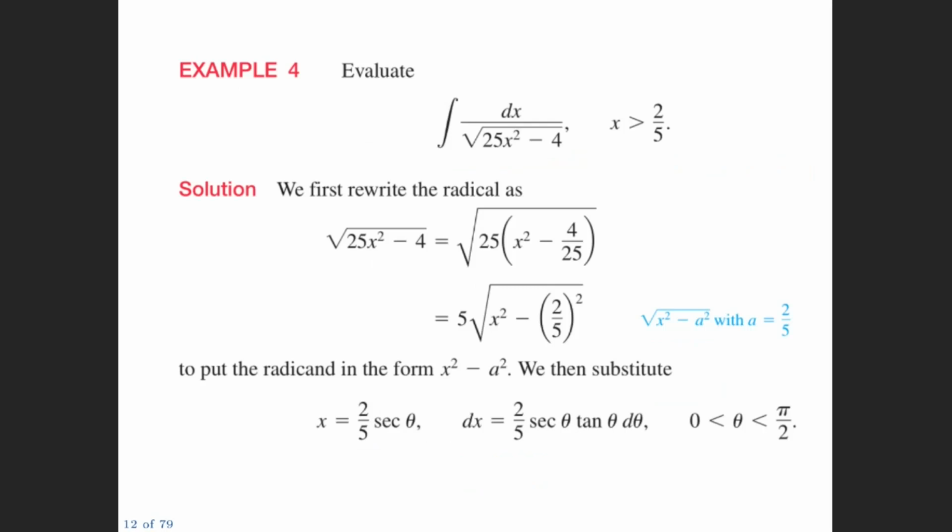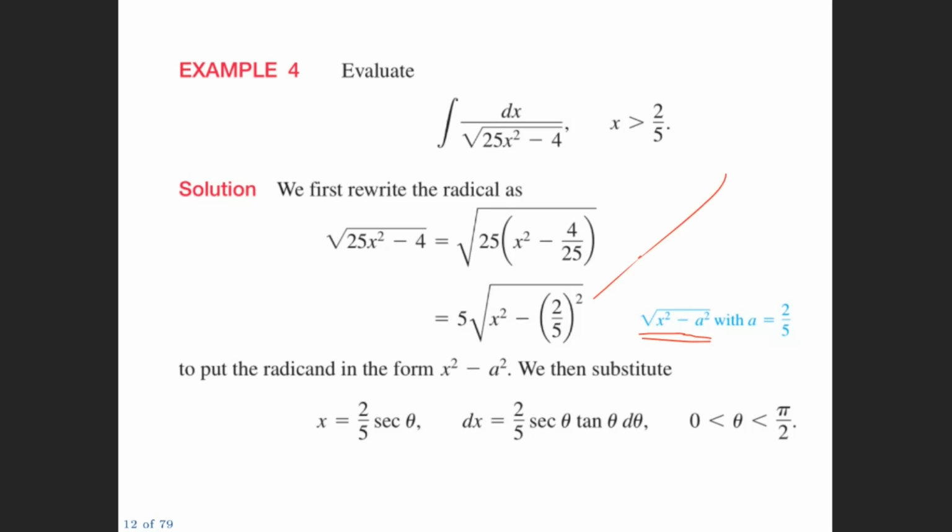Calculate the integral of dx over the square root of 25x squared minus 4, where here we insist on x being greater than 2 over 5. First thing to do is to rearrange this so that we have something of the standard form. I want to have something which looks like square root of x squared minus a squared.